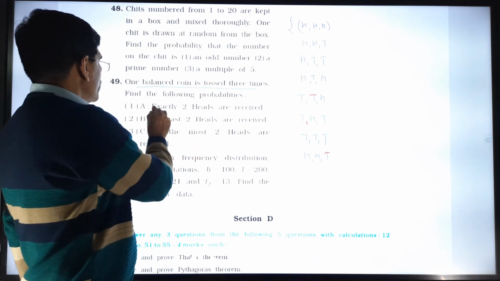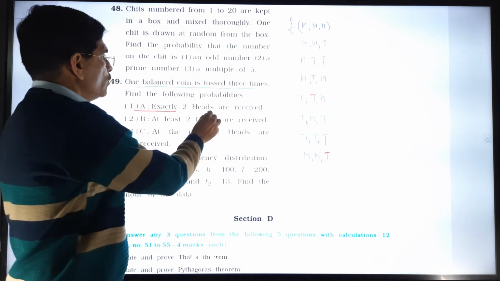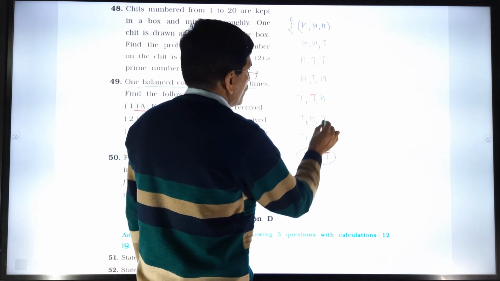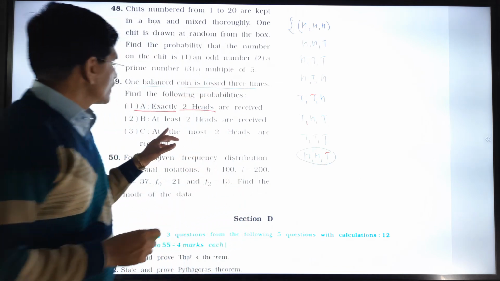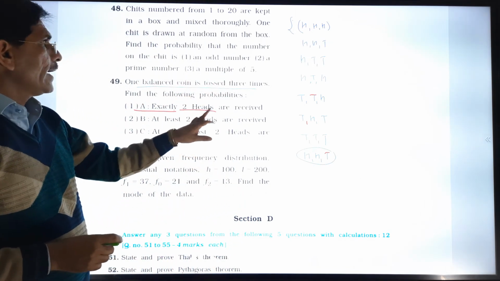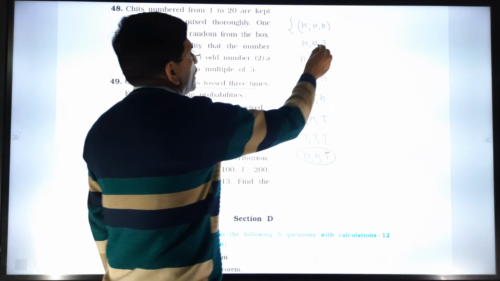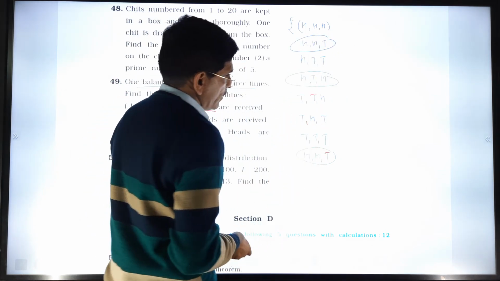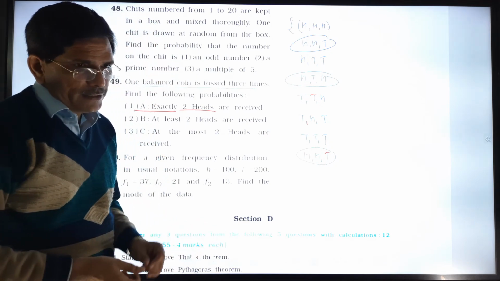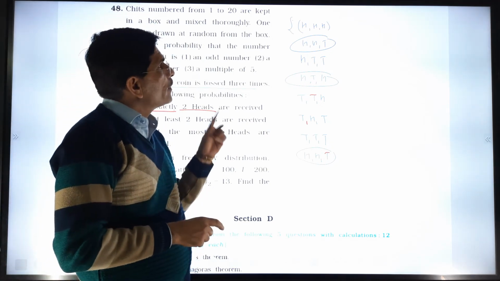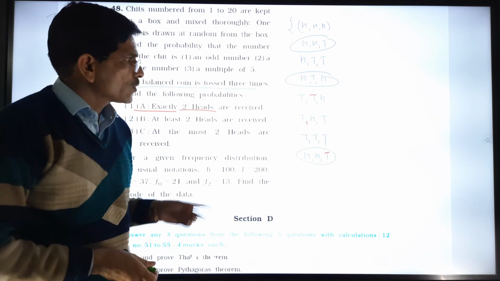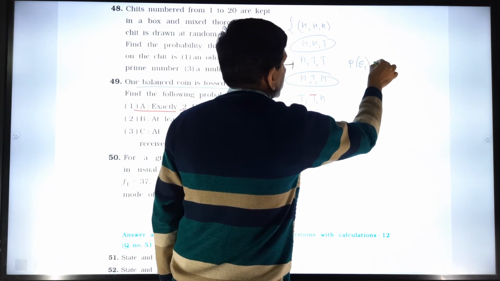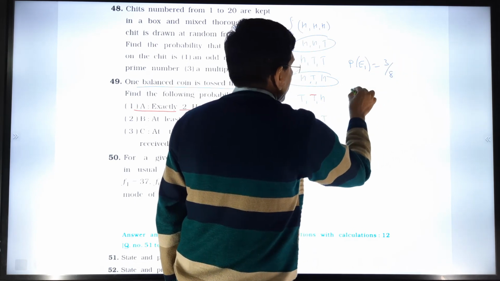Then we have to concentrate on exactly 2 heads. So what is the question? Exactly 2 heads. So you will see here, how many outcomes with exactly 2 heads are there? 3. So we have to write P(E1), that is 3 upon 8.